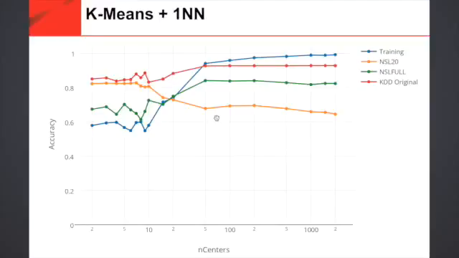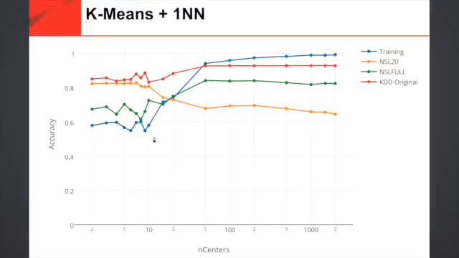You can see that with the number of templates increasing, the accuracy on the training set is pretty low at first, then rises to a normal level until it reaches 1.